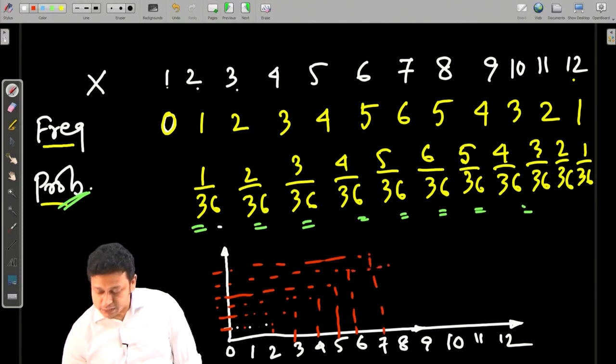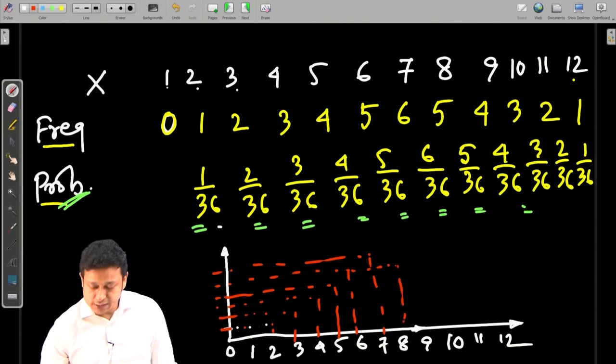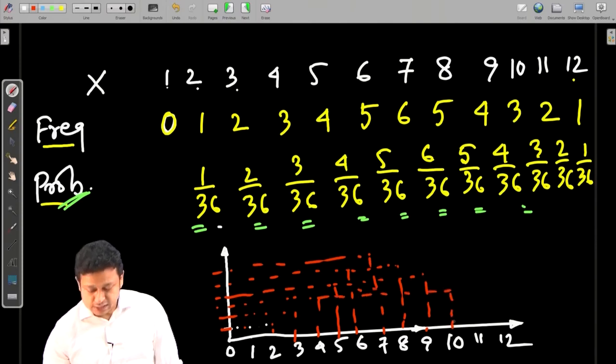Again, 8 is going to be 5 by 36, 9 is going to be 4 by 36, 10 is going to be 3 by 36, 11 is going to be 2 by 36, and 12 is going to be 1 by 36.